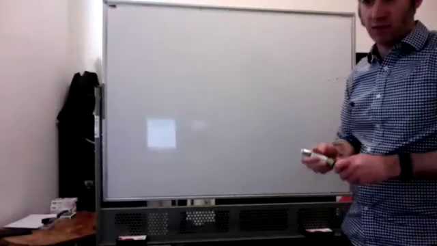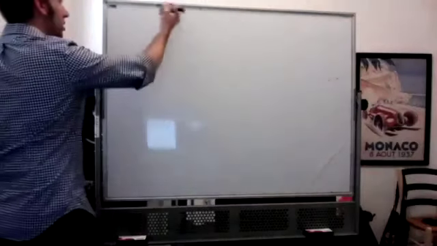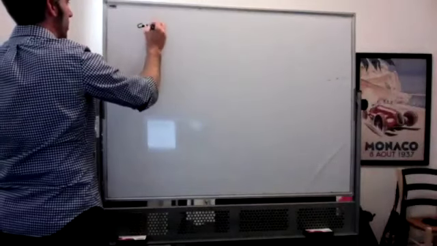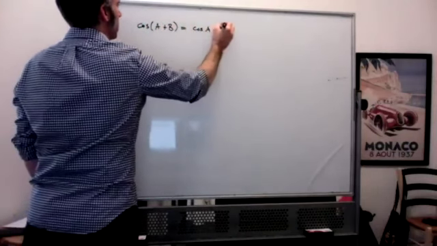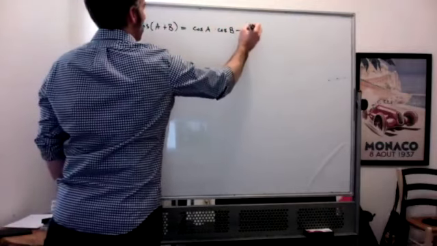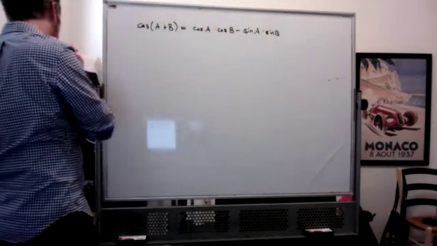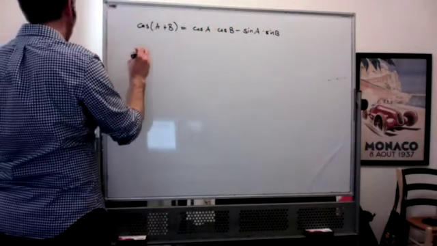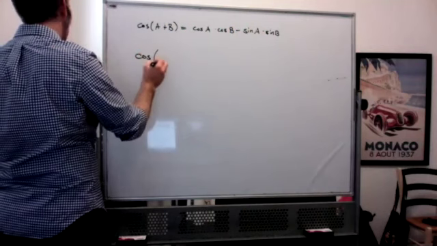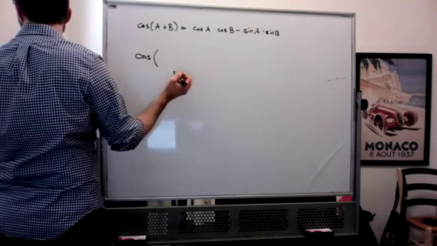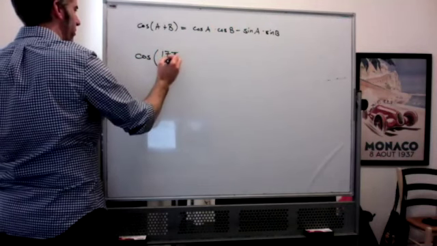Okay, I'm going to give you one to try yourselves because I need to go reach my water bottle. So use the formula that cosine of A plus B is equal to cosine A times cosine B minus sine A times sine of B to find, let's do cosine of 17 pi over 12.